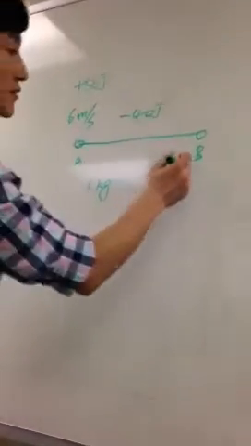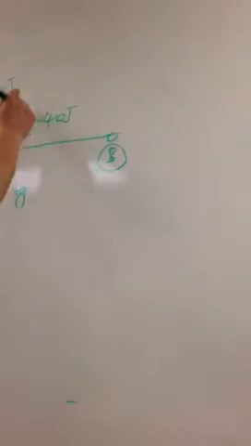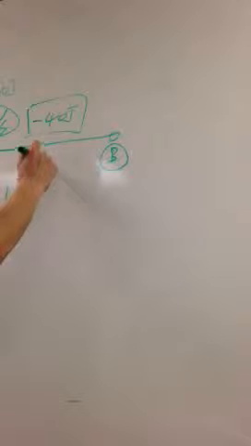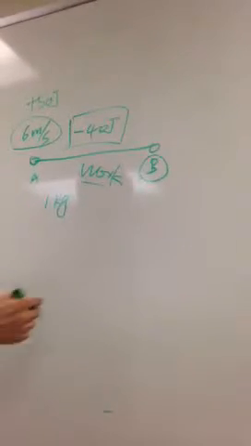So we don't know the speed here, the velocity. Actually, this 6 meters per second doesn't mean anything. We know the work done by the force, and it will all convert into potential energy.